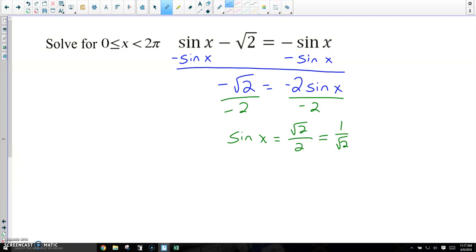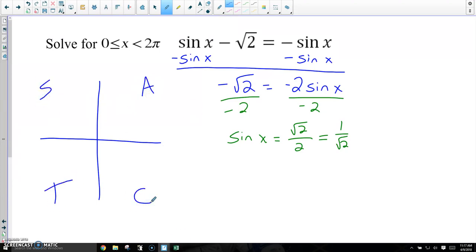So now I draw my coordinate plane. All Students Take Calculus. I need the opposite to be 1 and the hypotenuse to be the square root of 2. So we're going to be here in quadrants 1 and 2 because the sine value is positive.